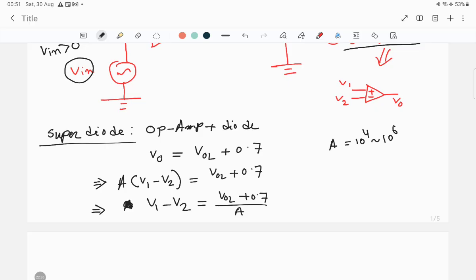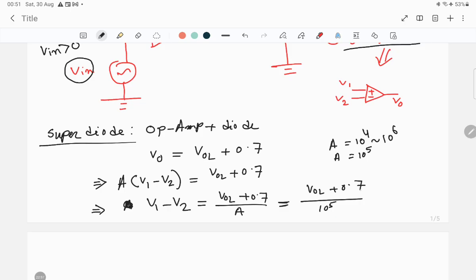For the time being, let us consider A is about 10 to the power 5, which is a very large value, so V0L plus 0.7 divided by 10 to the power 5.